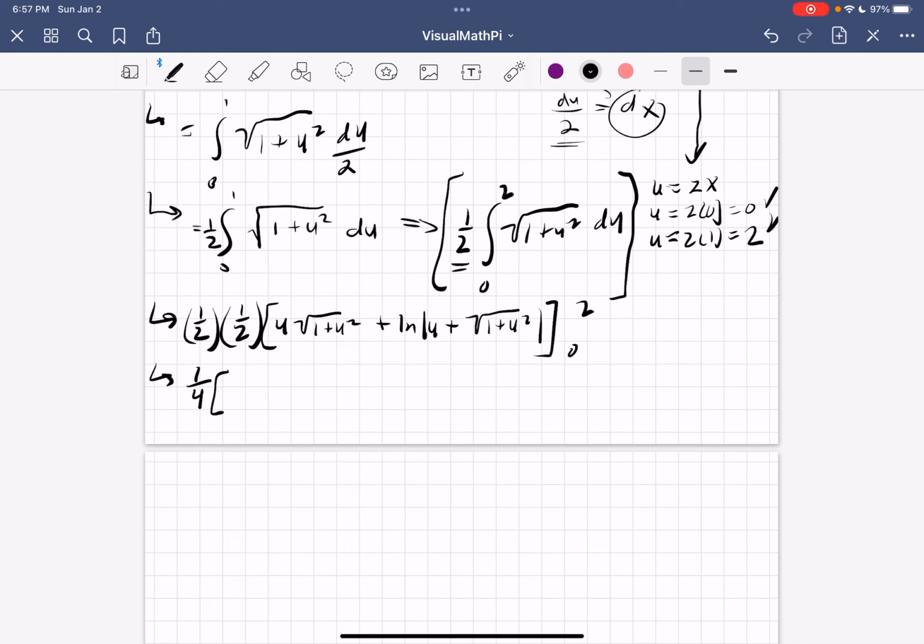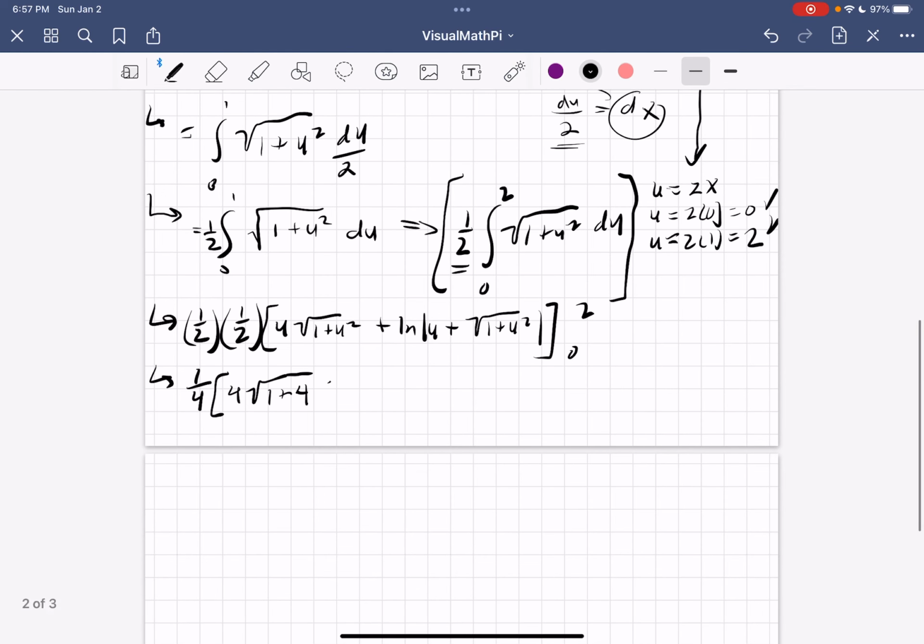We have 2 square root of 5, which is going to be 4 square root of 1 plus u squared, which is 2 squared, which is 4, plus the natural log of 2 plus the square root of 5, minus 0 plus the natural log of 1.